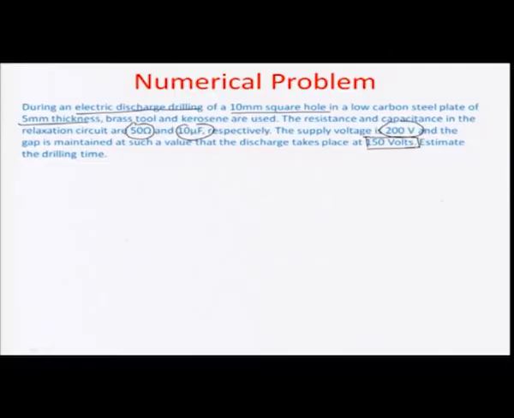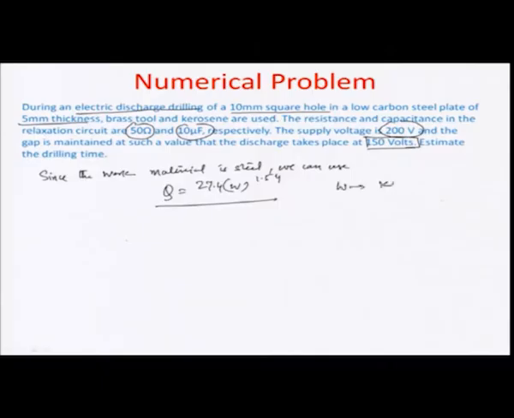That's how you estimate the gap, and you have to estimate how much time is needed for drilling this hole. So one way of looking at it is that since the work material is steel here, we can use the equation that was talked about earlier for steel, Q equal to 27.4 W to the power of 1.54 for MRR estimation, and the W of course needs to be indicated in kilowatts.